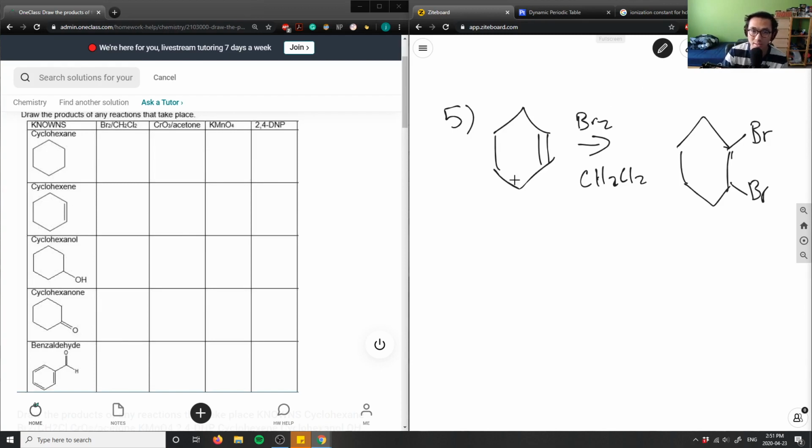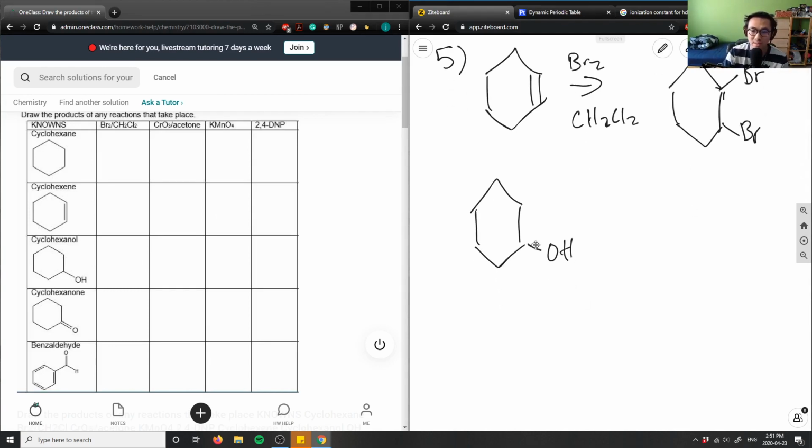So that's cyclohexene. Let's look at cyclohexanol. If I react it with Br2, I will get no reaction. The OH group is a poor leaving group, this is a very strong bond, and it will not leave. Br2 would not substitute the OH. CrO3 with acetone as the solvent would give me an oxidation, and I would get a ketone.